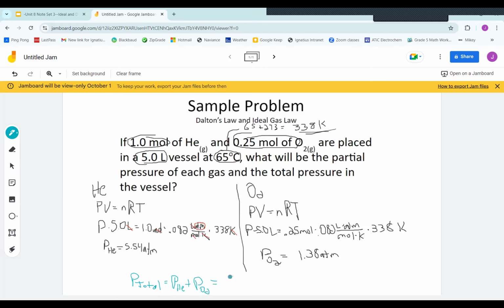This one's a cinch to apply, right? You just add the 2 numbers, 5.54 plus 1.38. And we get 6.92 for our total pressure.